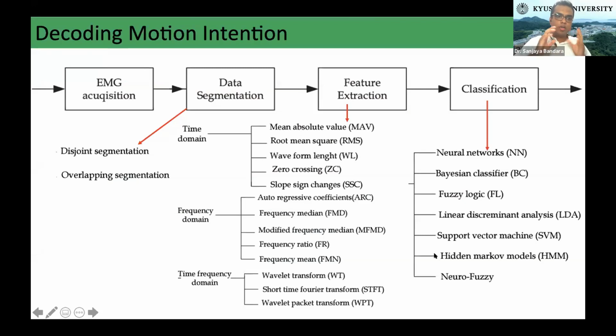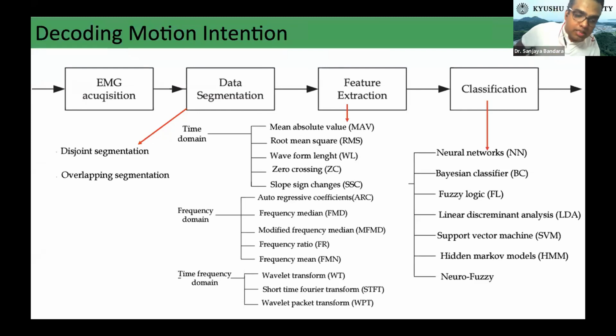Okay, so now decoding. We recorded the EMG. Then how do we identify the motion intention with this EMG? That is the next question. Basically we have three more steps: data segmentation, feature extraction, and classification.